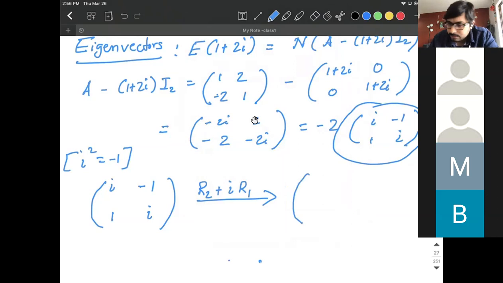So then if you add i times R1 to R2, what you get is the following. The first row remains unchanged, but the second row completely vanishes. So it's the 0 row. Okay, agree?